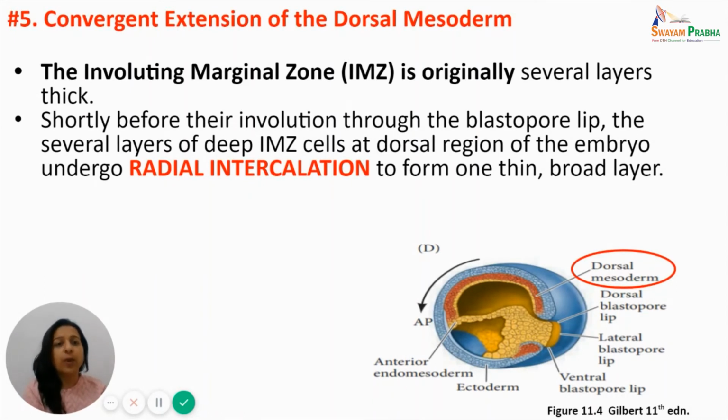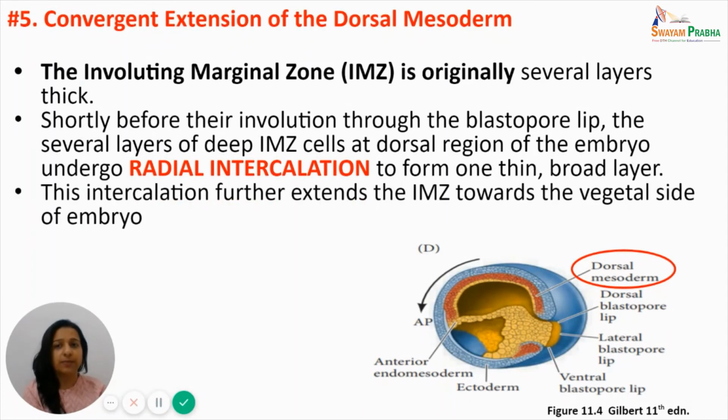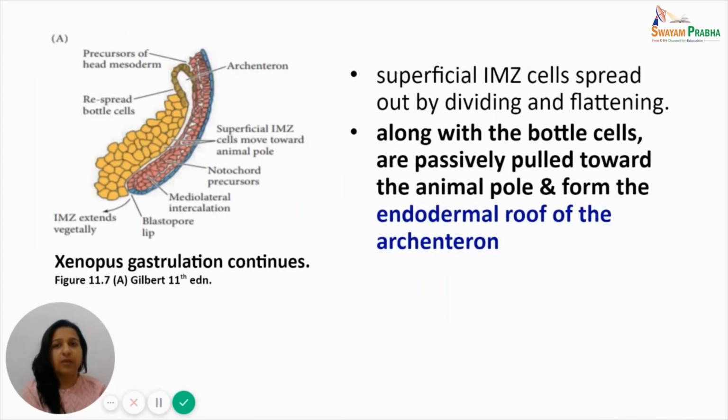Ultimately, they form one thin broad layer. This intercalation further extends the involuting marginal zone towards the vegetal side of the embryo. The superficial IMZ cells spread out by dividing and flattening, and along with the bottle cells, they are passively pulled toward the animal pole, where they form the endodermal roof of the archenteron.